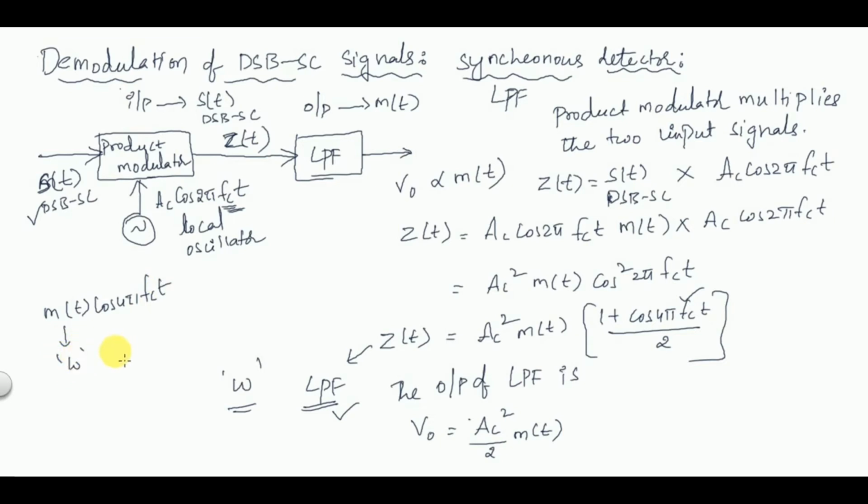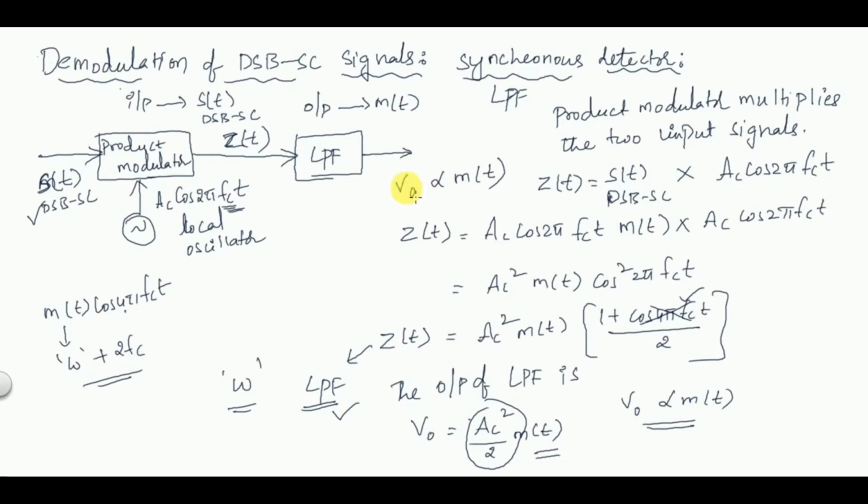The frequency here is W and the frequency here is 2fc, so it is 2fc plus W, which is a very high frequency. So this term is eliminated by the low pass filter. The output of the low pass filter is only the first term. Ac square by 2 is just a scaling factor, so V0 is proportional to m of t.